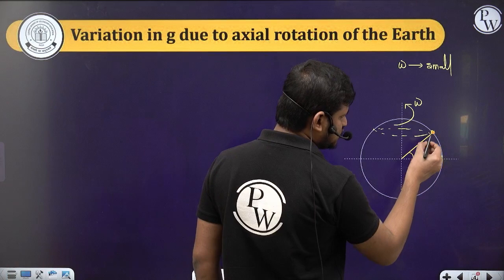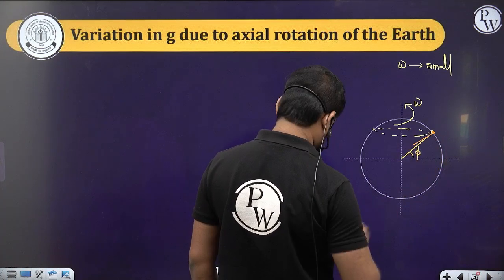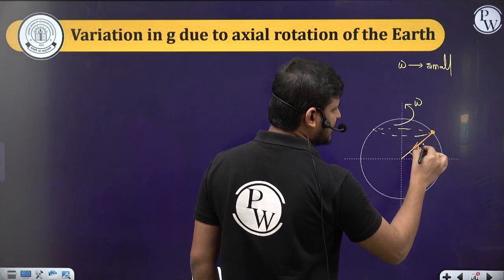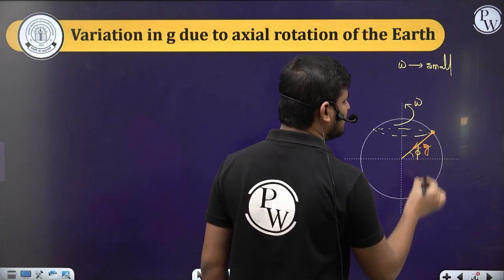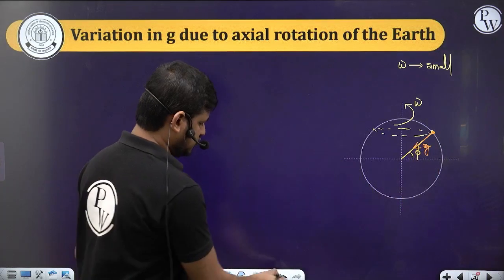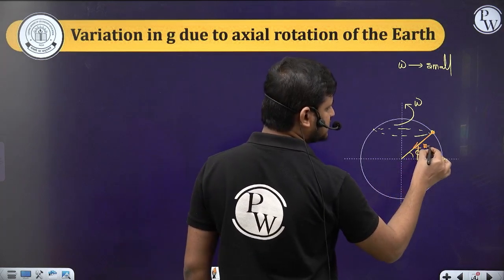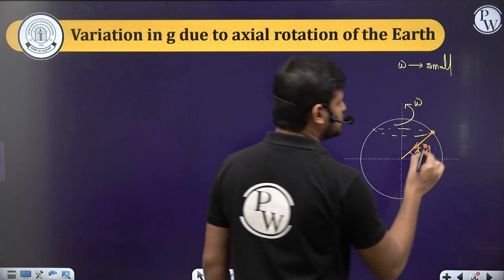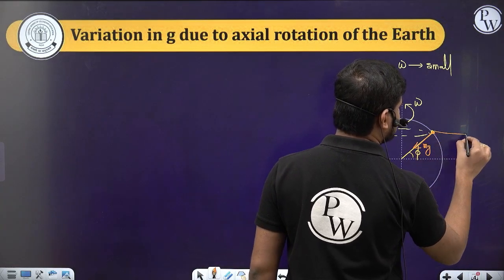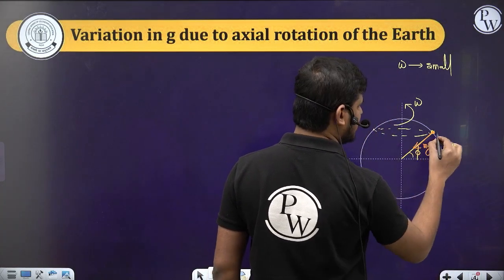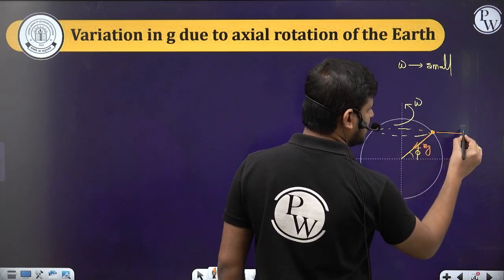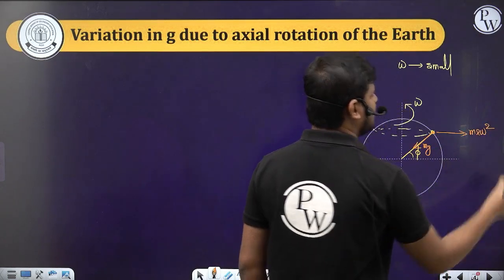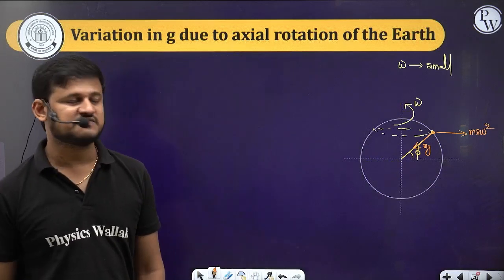Towards the center of the earth, mg, his own weight, will act. And away from this, as the person is rotating, the centrifugal force m r omega square will act.